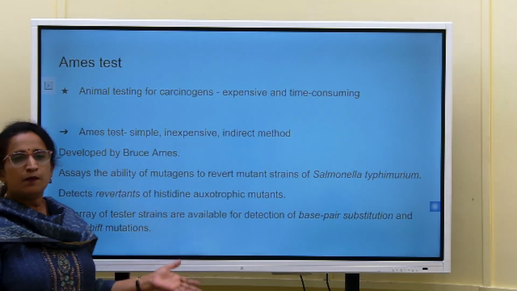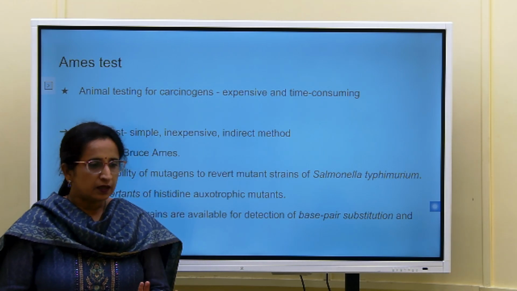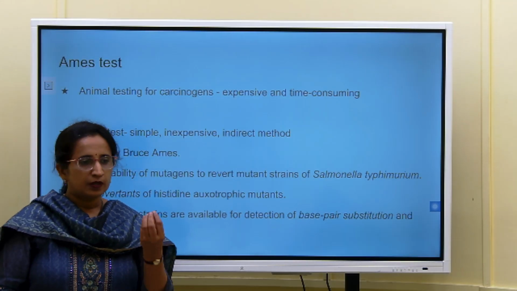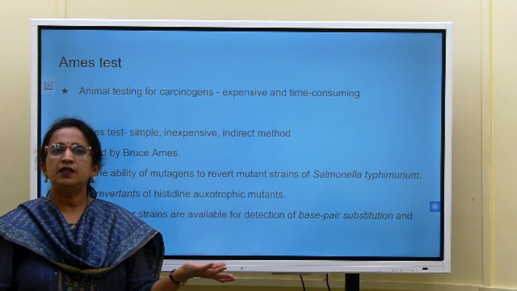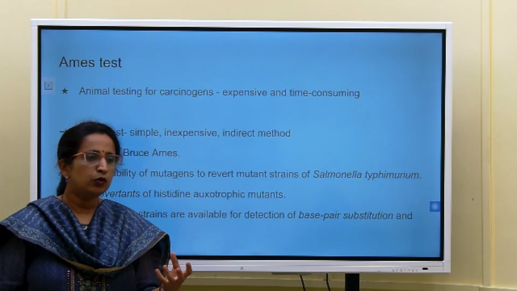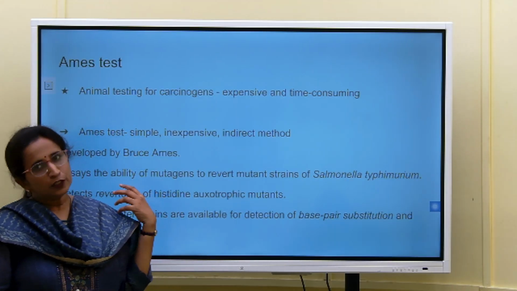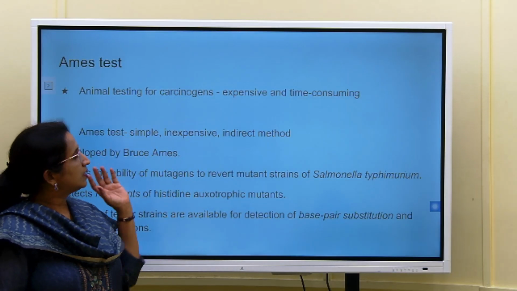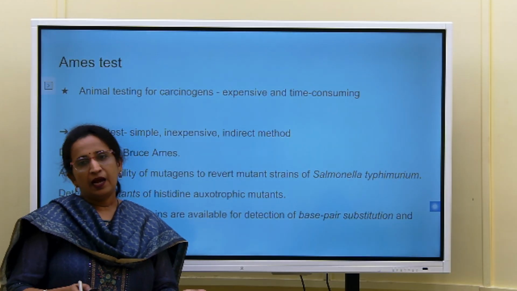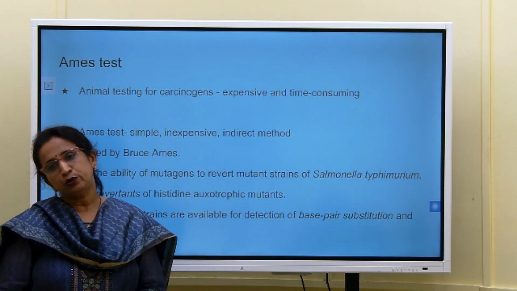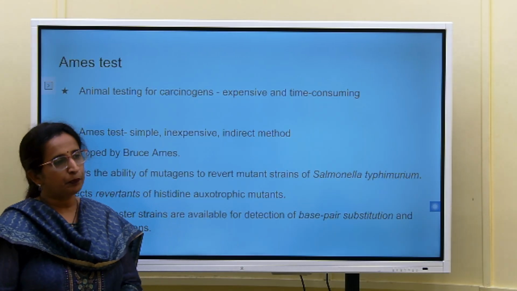So what is the Ames test? Normally, if you want to look for whether a chemical is a carcinogen, that agent or chemical can be taken and tested in animal tissues, and you can look at whether it is causing any tumors. But animal testing is not an easy thing to do because obviously it is very expensive and time consuming, so it may not be feasible to do animal testing for all chemicals routinely.